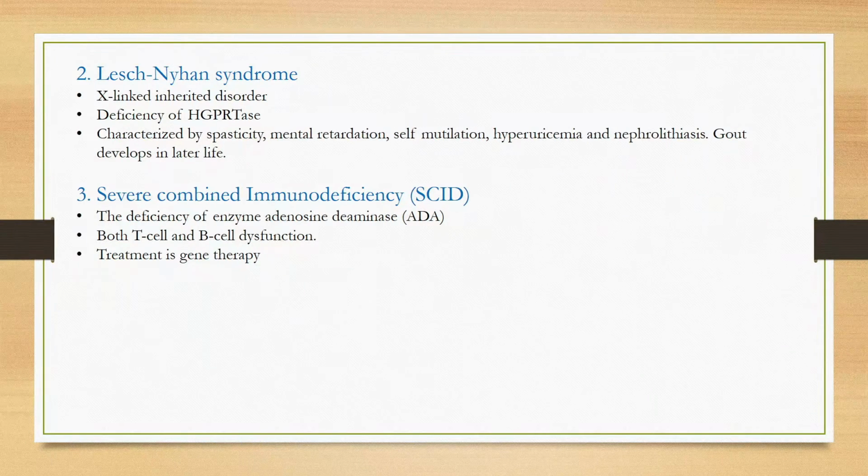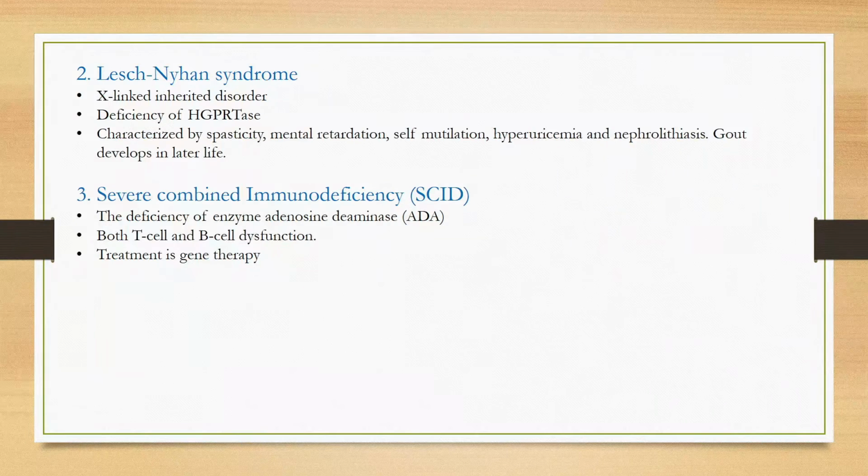Another disorder is severe combined immunodeficiency, due to deficiency of the enzyme ADA, adenosine deaminase, which leads to a defect in both T and B cells. In these patients, elevated dATP levels inhibit the enzyme ribonucleotide reductase, and DNA replication is adversely affected.